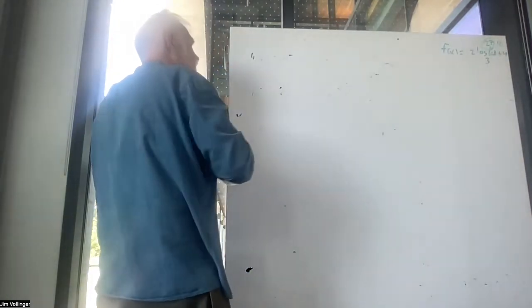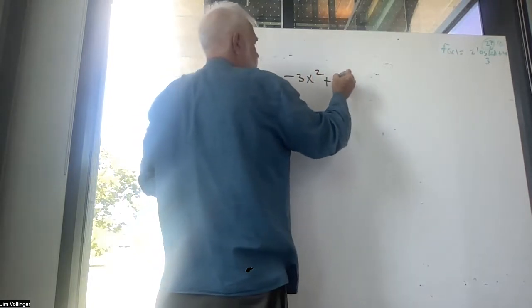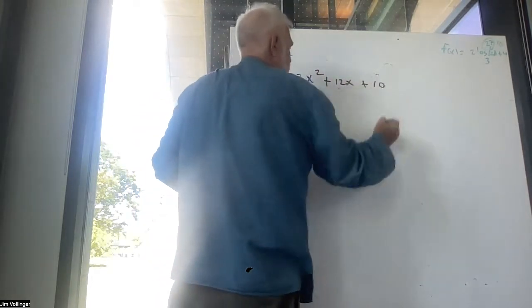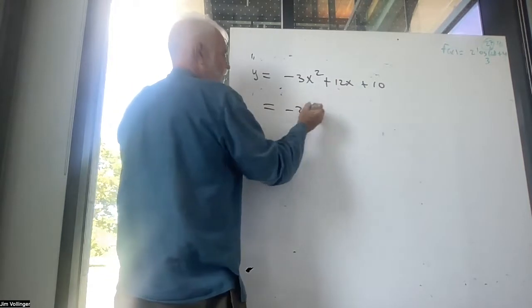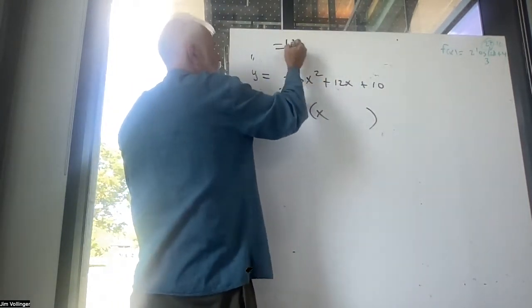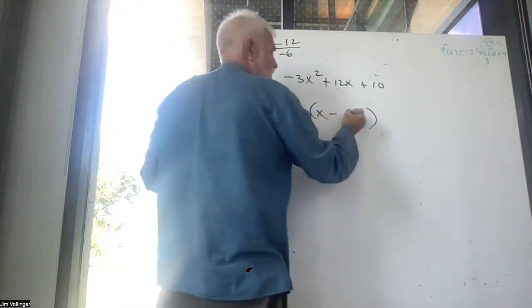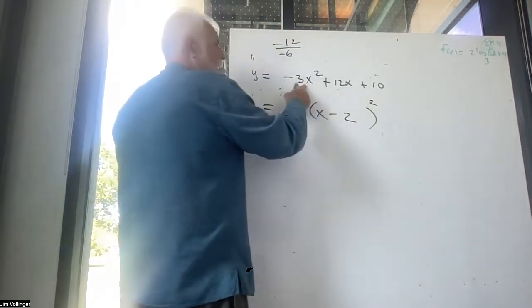All right, I think I'll do y equals negative 3x squared plus 12x plus 10. I'll take the gift. I'll do minus b over 2a, which is positive 2. So I'll write minus 2. I'll put positive 2 in.